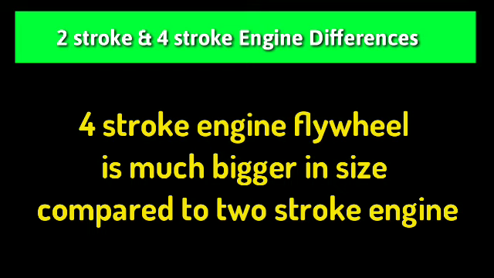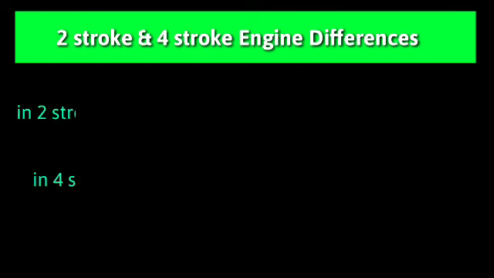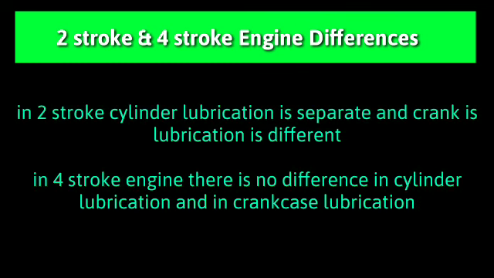The last difference is the lubrication system. As you know, in a two-stroke engine, the combustion chamber and the crankcase are separate, and in a four-stroke engine they are common. So in a two-stroke engine you require two types of lubrication, one for cylinder lubrication and another for crankcase and bearing lubrication, whereas in a four-stroke engine only one lubrication system can lubricate both the cylinder and the crankcase.